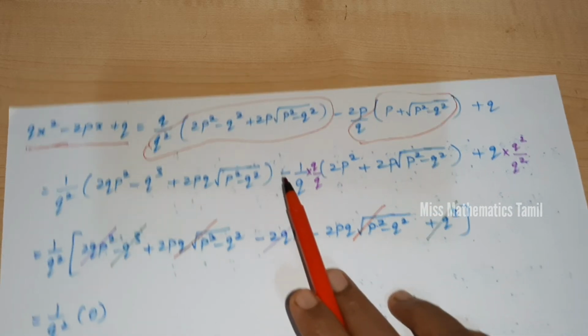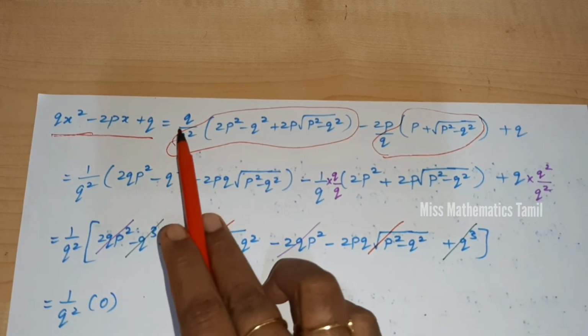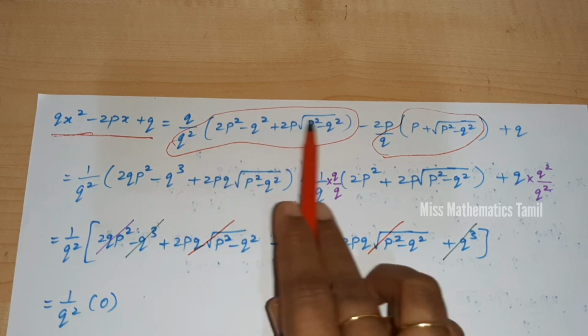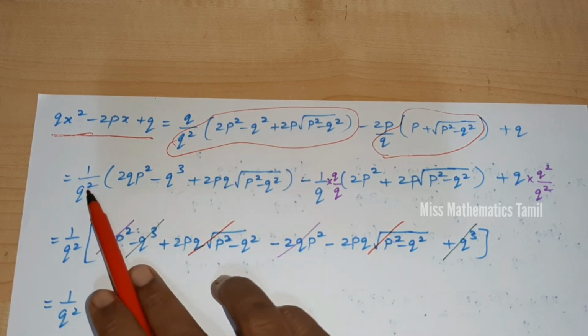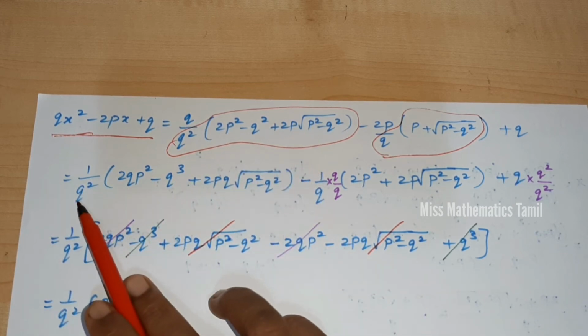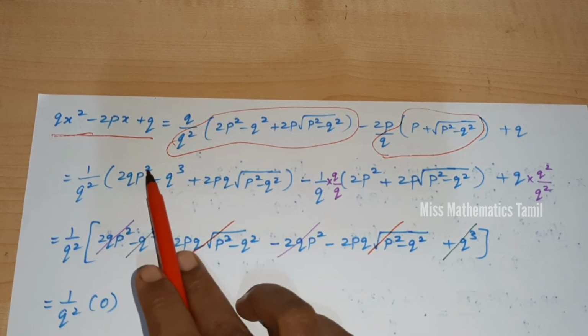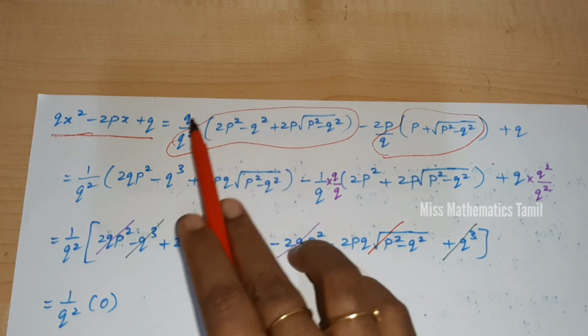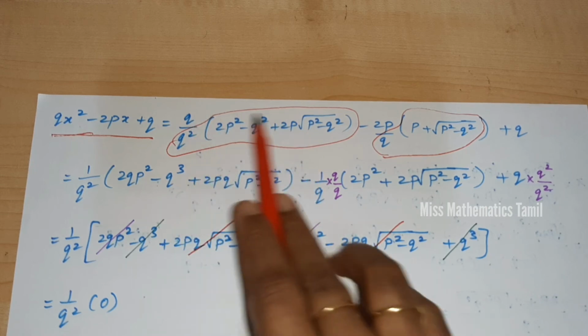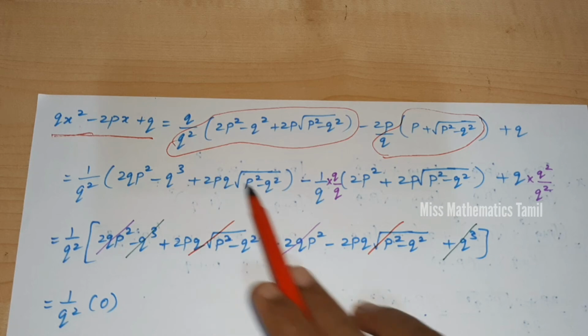Okay, next I am multiplying this q to inside this bracket. I am keeping this q square as it is. Next q into 2qp square. Each and every term I am multiplying by q.